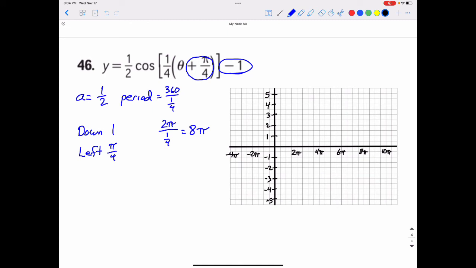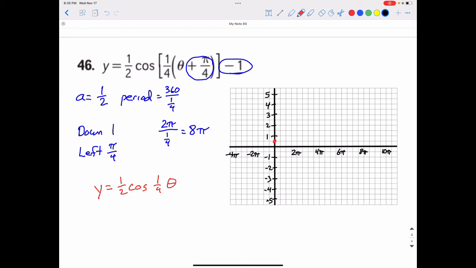So before we do that, we will graph the parent function of y equals 1/2 cosine of 1/4 theta. So everything except the shift. So 1/2 cosine 1/4 theta will have the same period as the shifted function, 8 pi. Being cosine, it will start at the high point, which is only going to be a half a unit high.